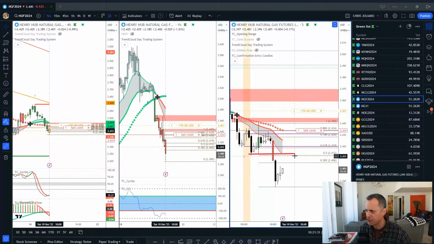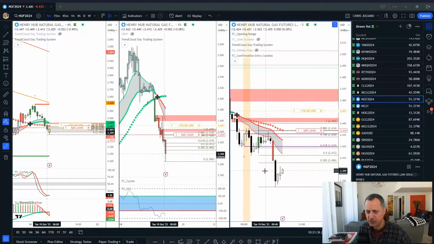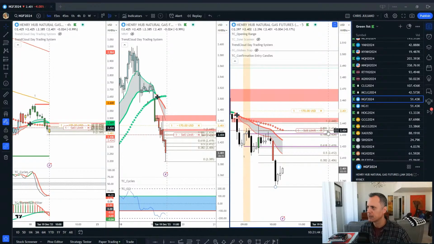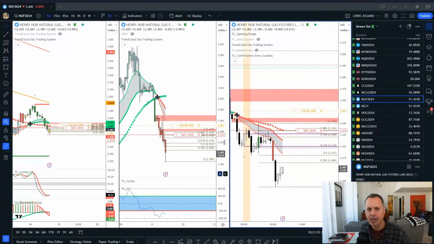And the second strategy that we're looking to do is the retest of the opening range. So this is the second strategy that we're going to employ. And our entry point is going to be right at that 886. And we are protected by all of this structure here. That's the strategy, so that is the second entry.